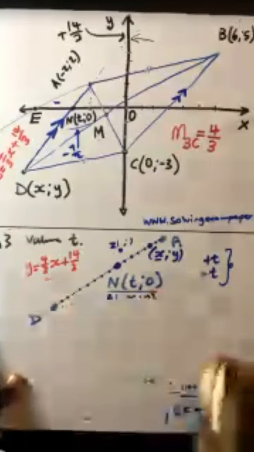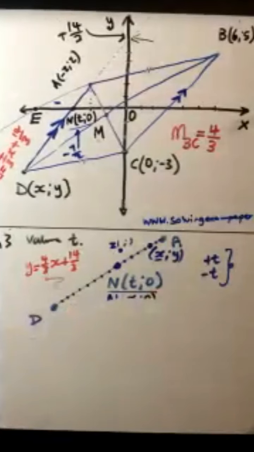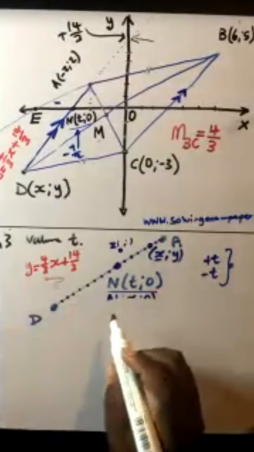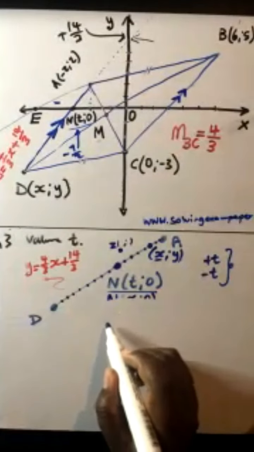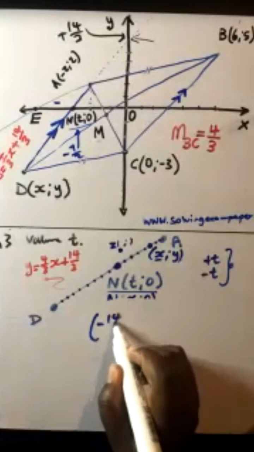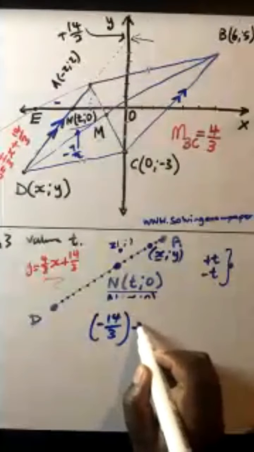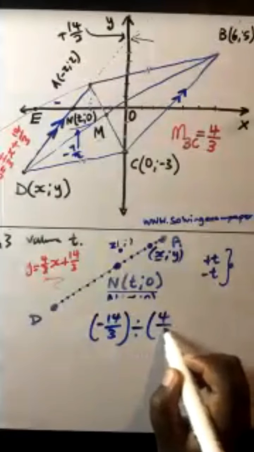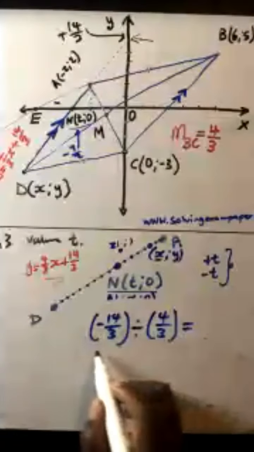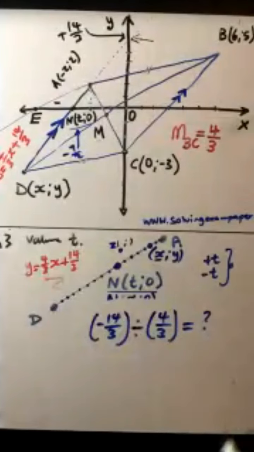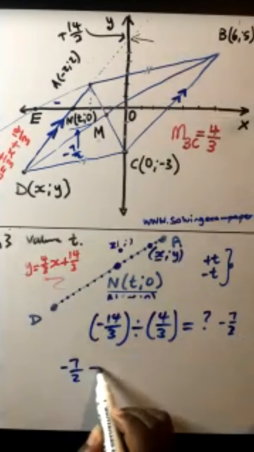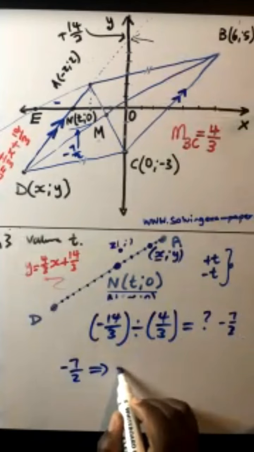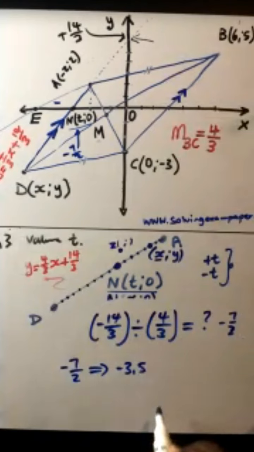It seems like most of you guys also got negative 7 over 2. So this is how you get that calculation. On this side, it was negative 14 over 3, then divided by 4 over 3. So punch this on a calculator and check if you don't get negative 7 over 2. So negative 7 over 2, guys, in a form of decimal, it's negative 3.5.